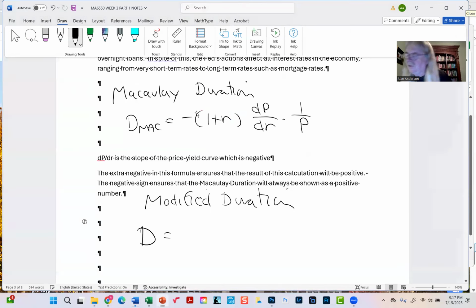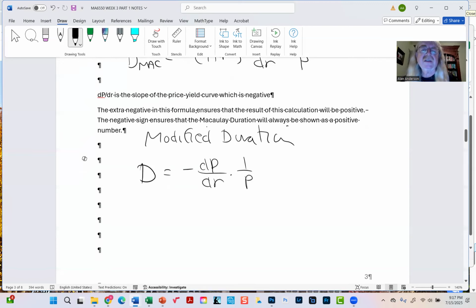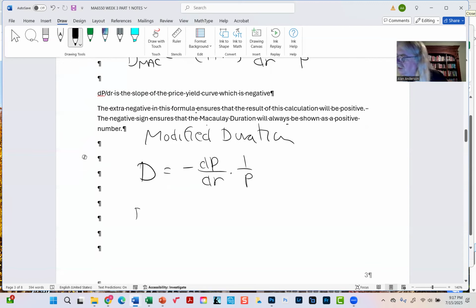This would be Hull's notation. Anyway, this leads us to the following conclusion. If I already know the Macaulay duration, I don't have to do a whole lot of work for the modified duration because, as you can see, this implies that Dmac is negative (1 plus R) times D.